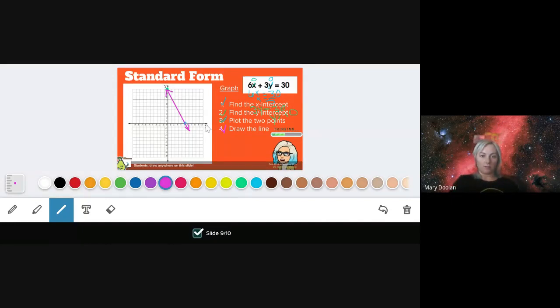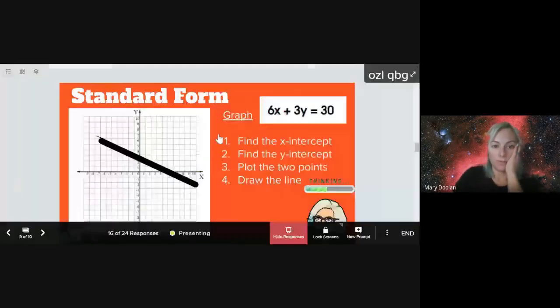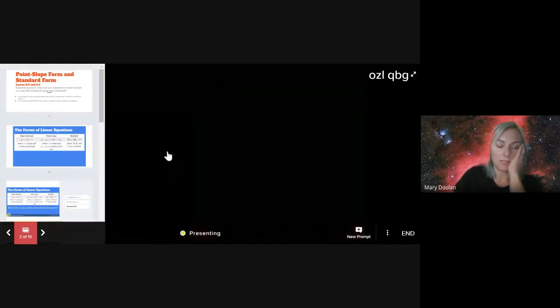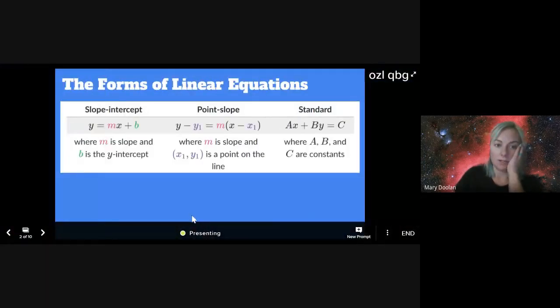So this is how, if you're given standard form, you can quickly graph the equation of that line. But remember, guys, even though we're talking about all these different forms, let me go back to the slide where it has them listed right here. There's slope-intercept form, which we had a whole lesson on.